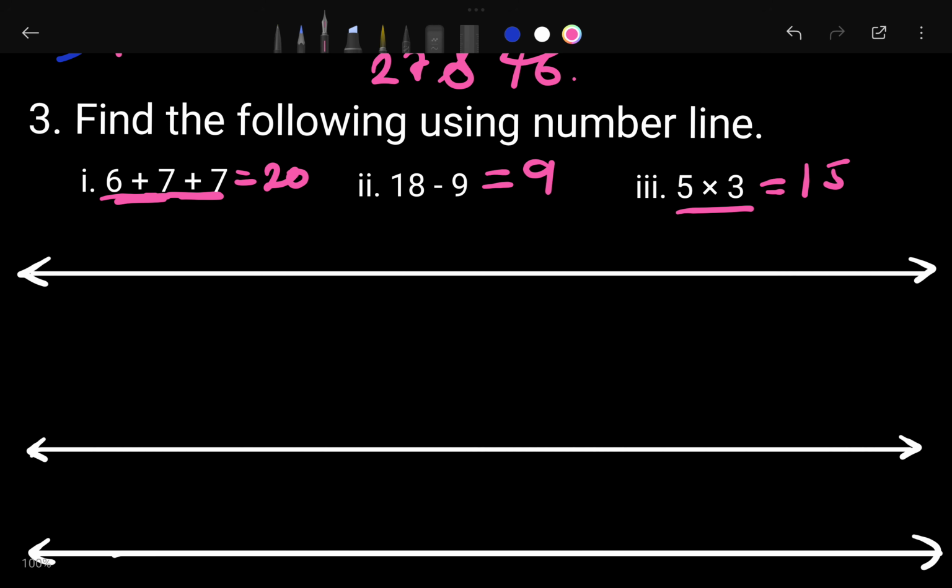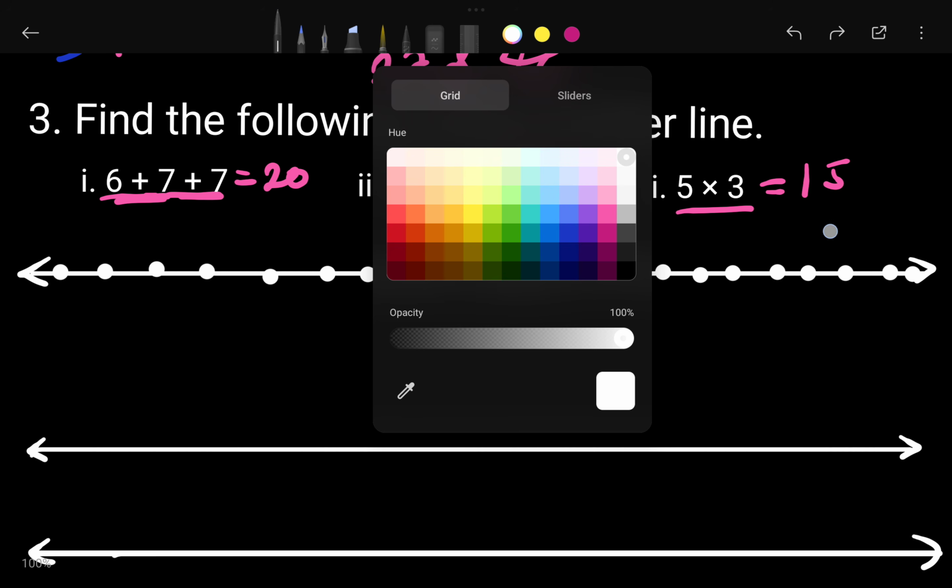Okay, now let's represent this on the number line. For representing purposes, I take it as big. This is 1. Okay, I will take another one. This is 2, 3, 4, 5, 6, 7, 8, 9, 10, 11, 12, 13, 14, 15, 16, 17, 18, 19, 20, 21. Okay, now let's represent this. I can write with the white pen only.